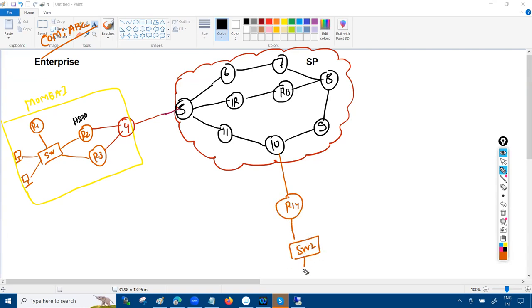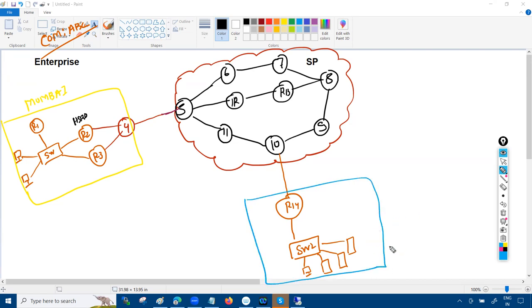Then we have some users, PC1, and a few servers present in this site. It is a small network, a small location, in a very small city. Say Jaipur is a small city, so we have only a few people there, and that's fine.